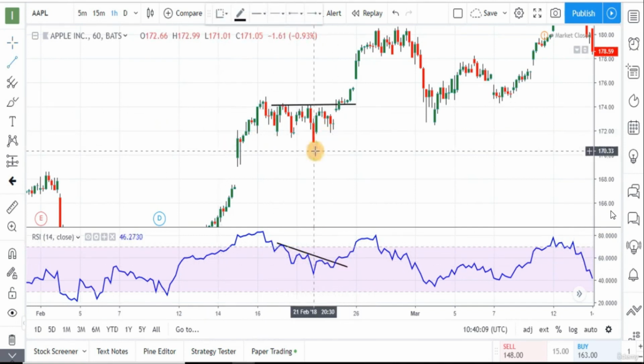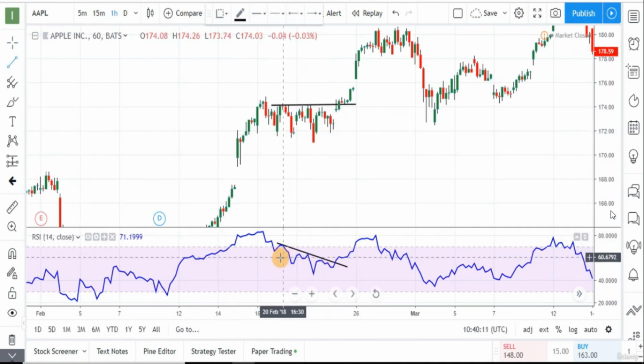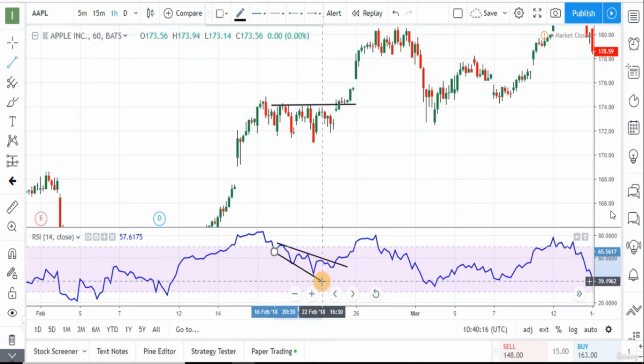With our divergence strategy, we should always draw a support line on the RSI troughs when we get a negative divergence.